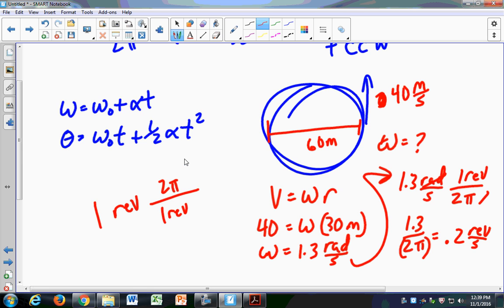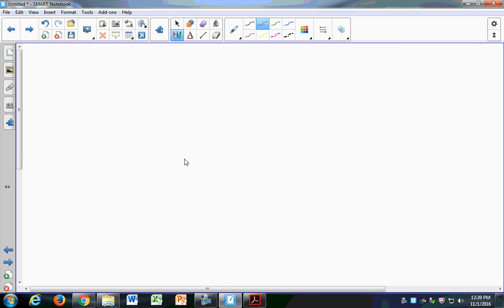Also, centripetal forces. Know what provides the centripetal force. I'll give you some scenarios, and I'll ask you, what is the centripetal force in this case? For example, if I have a ball on a string, like in the homework, going around over my head, the centripetal force is provided by the tension in the string.